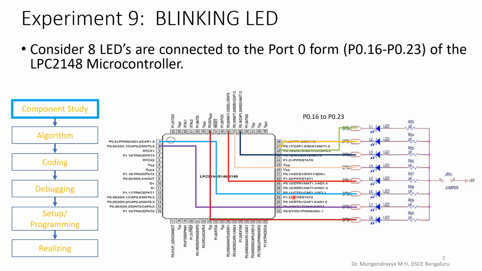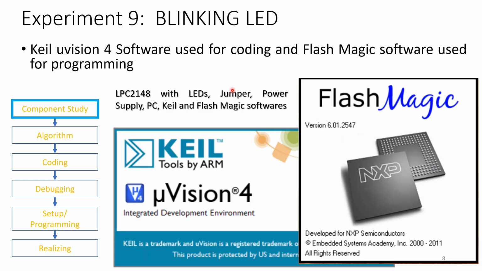Here we can see the detailed connection between pin 16 to pin 23 of the LPC2148 microcontroller and all 8 LEDs on the board. The tools used for this experiment are Keil for debugging, and Flash Magic for downloading or burning the debugged code into the target device.